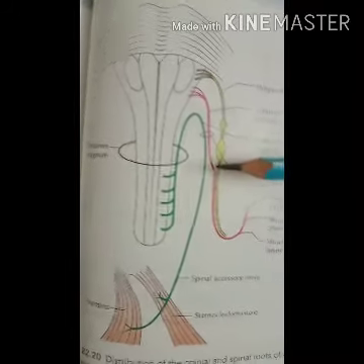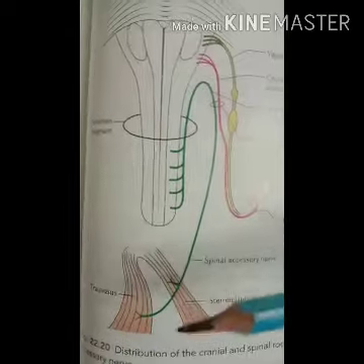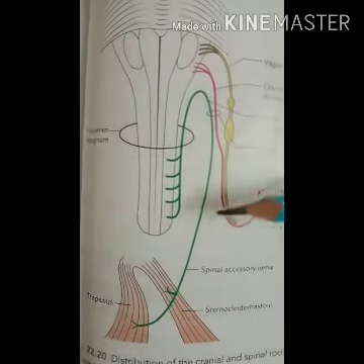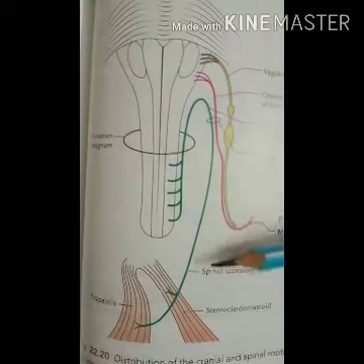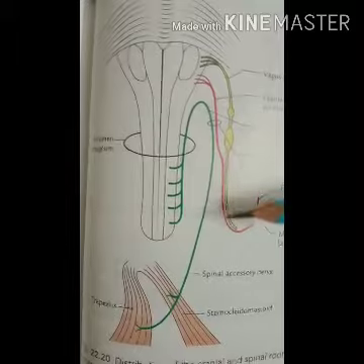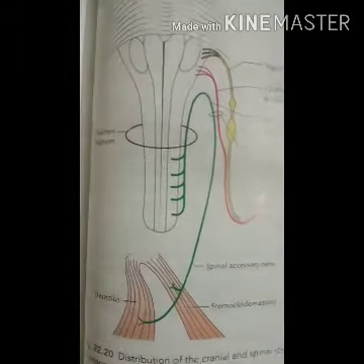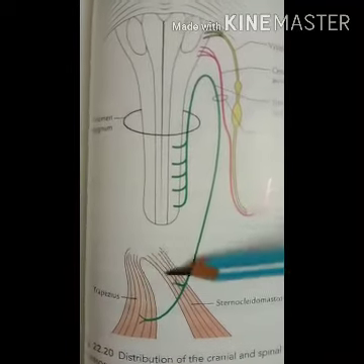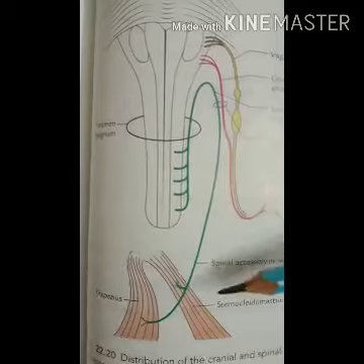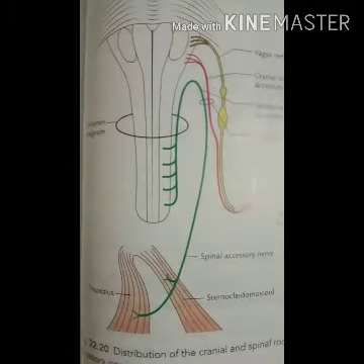It can cause ipsilateral paralysis of the sternocleidomastoid muscle, with the result that the patient is unable to tilt his head towards the ipsilateral shoulder and unable to turn his face towards the opposite side. Second, paralysis of the trapezius, with the result that the patient is unable to shrug his shoulder against resistance.